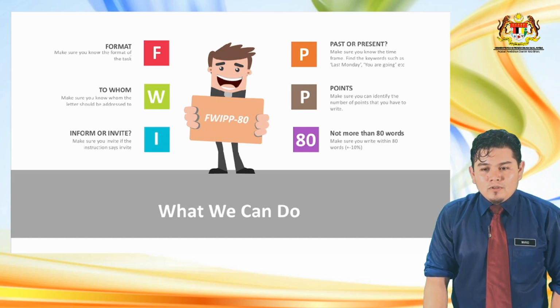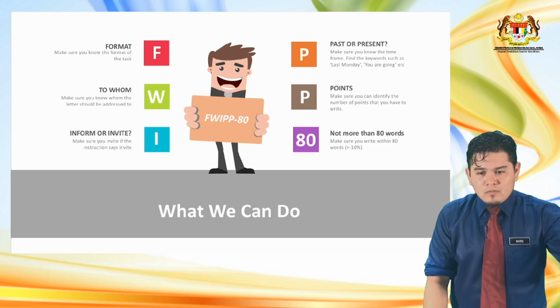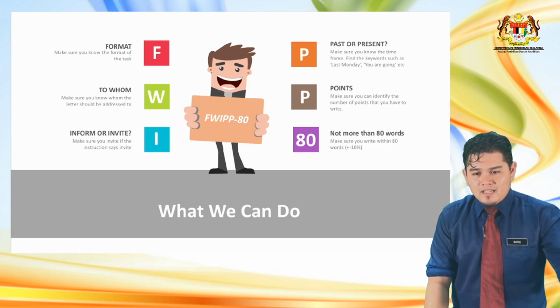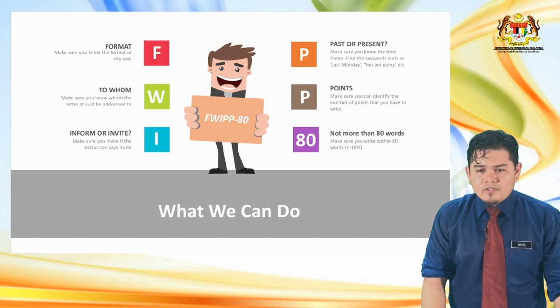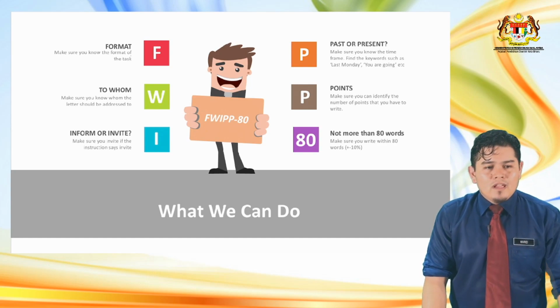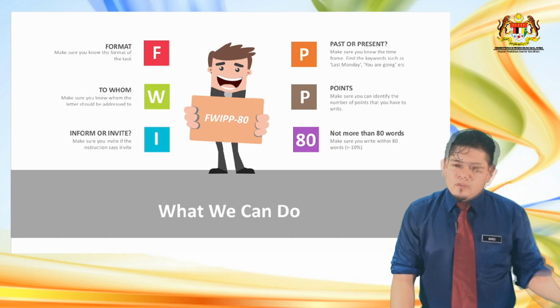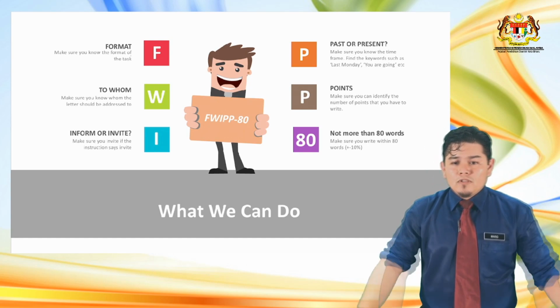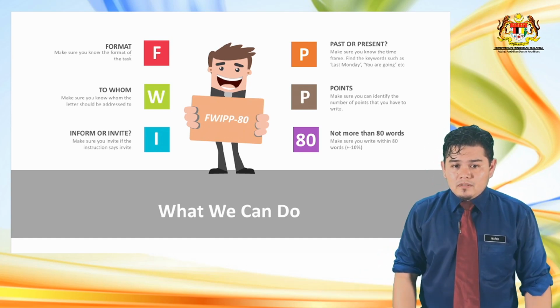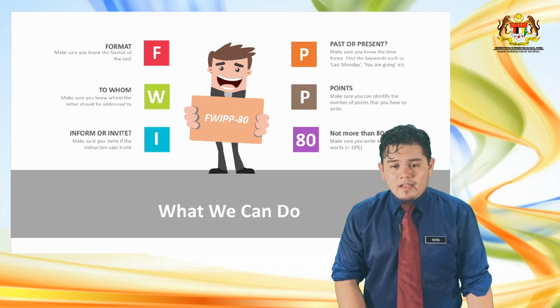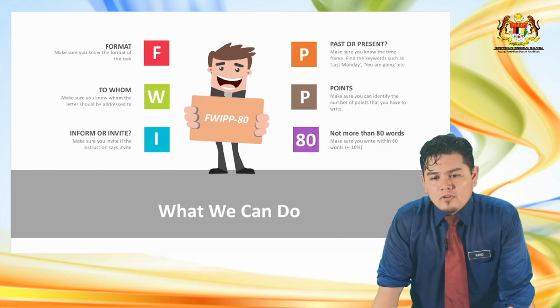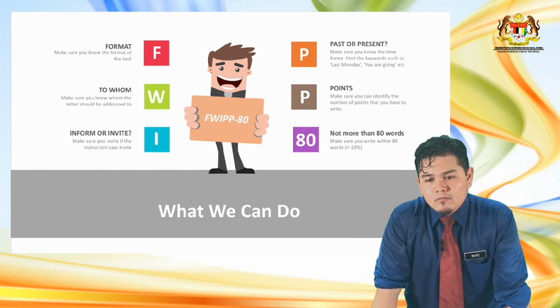So when you look at the instructions in Section B Part 2, remember Mr. Warid's FWIP AT. Ask yourself about the format, ask yourself to whom you are going to send this email or letter. Are we supposed to inform, are we supposed to invite, and are we talking about past or present experience, and the last part is the points. And of course, don't forget that you're not supposed to write more than 80 words.